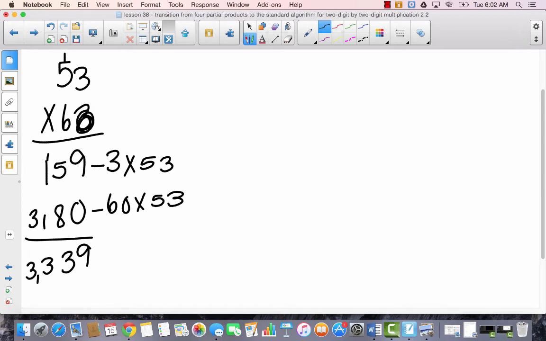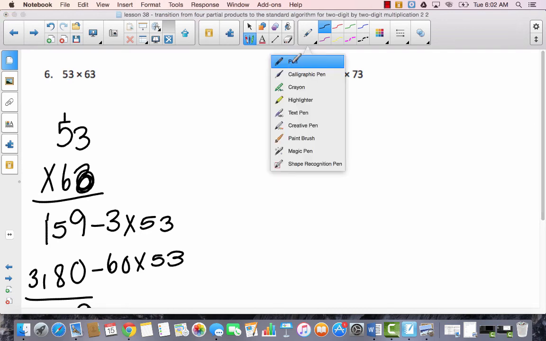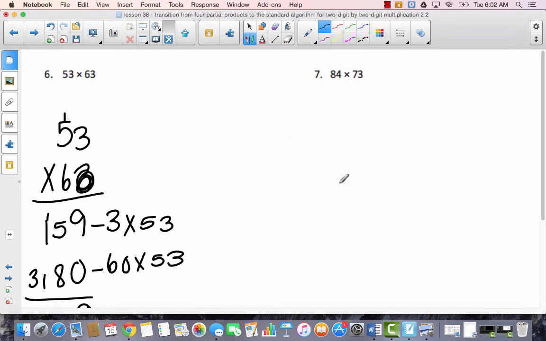I know that's a little bit crooked, but all right, so let's go back and take a look at our last problem for today. And we have 84 times 73. I want you to try to do this problem all by yourself. If you get stuck, you can always come back and check with me. But just pause the video and try to do it by yourself.